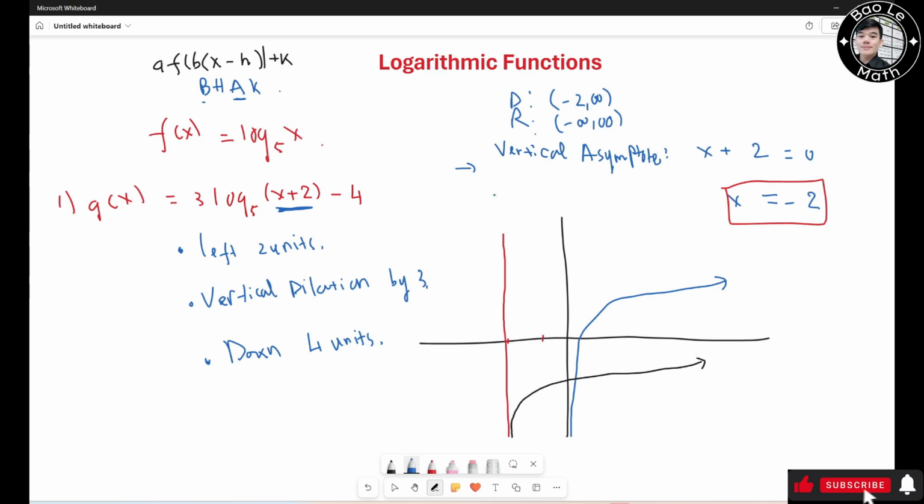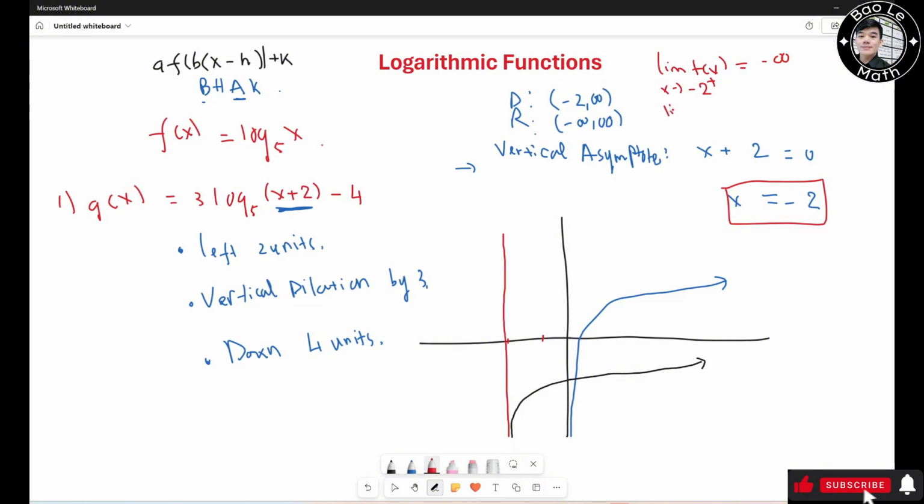Now, the limit of the function f of s when s approaches negative 2 from the right, negative 2 plus, is going to be negative infinity, right? Because the graph keeps going down.